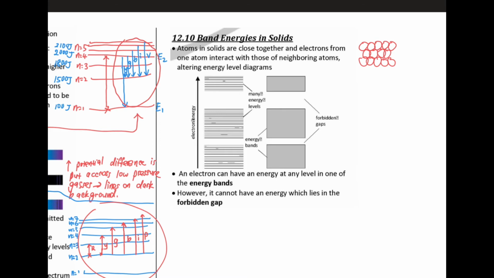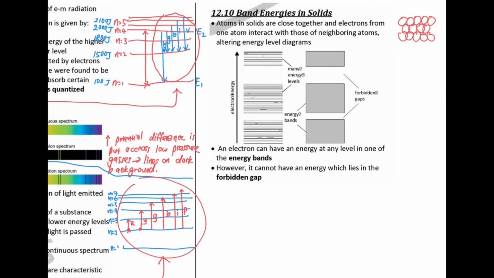So by right, the energy level diagram is supposed to be like this, where n equal to 1, n equal to 2. This is the energy level diagram, or the shells of the atoms, where the first shell has the lowest energy, the second shell has higher energy, and so on.